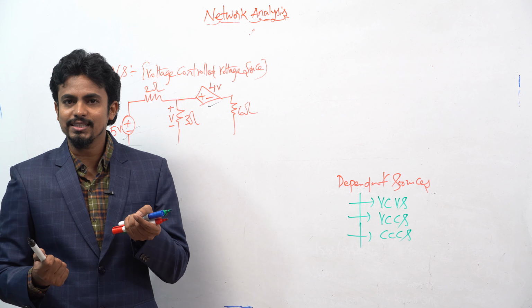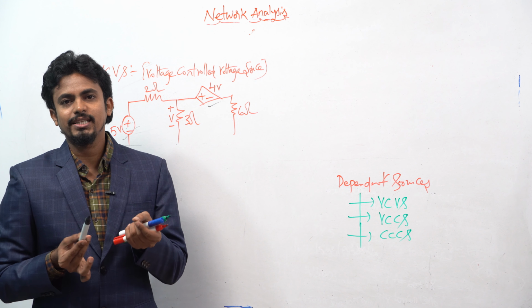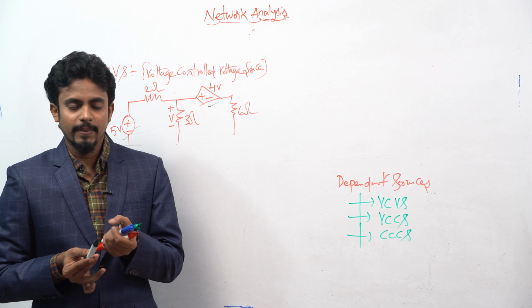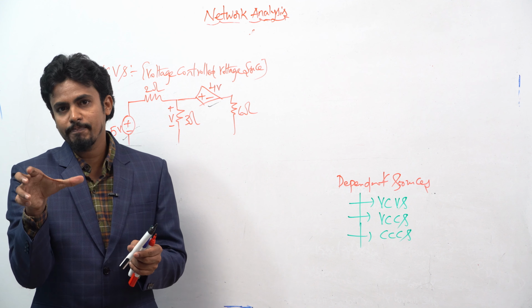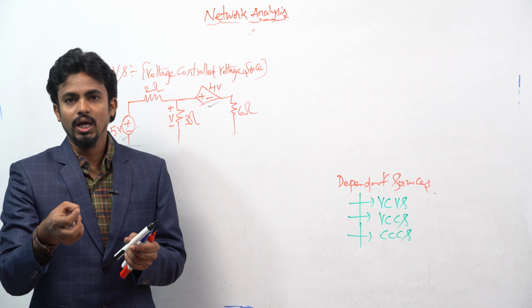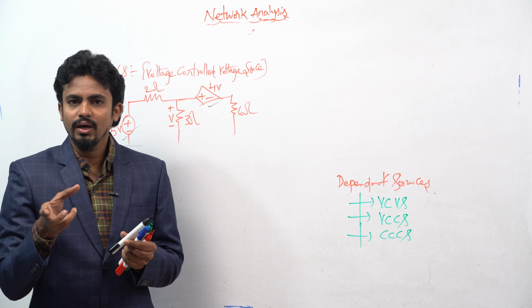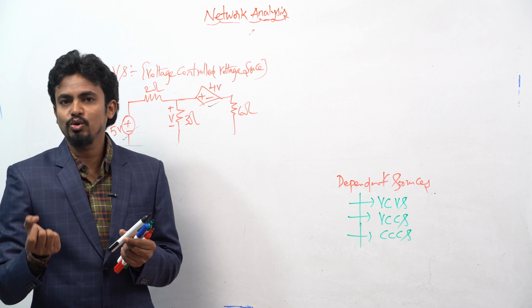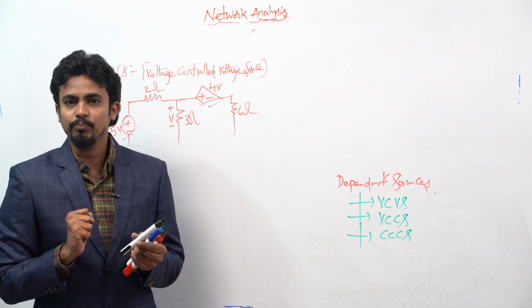If you consider the RL circuit, a resistor as well as an inductor is present. If you consider the RLC circuit, the resistor, inductor and capacitor are all present in one circuit, and you have to solve that type of circuit. So don't worry, whenever I tell you about transient analysis, I will tell you the shortcut to solve any type of complex circuit. That is so simple.